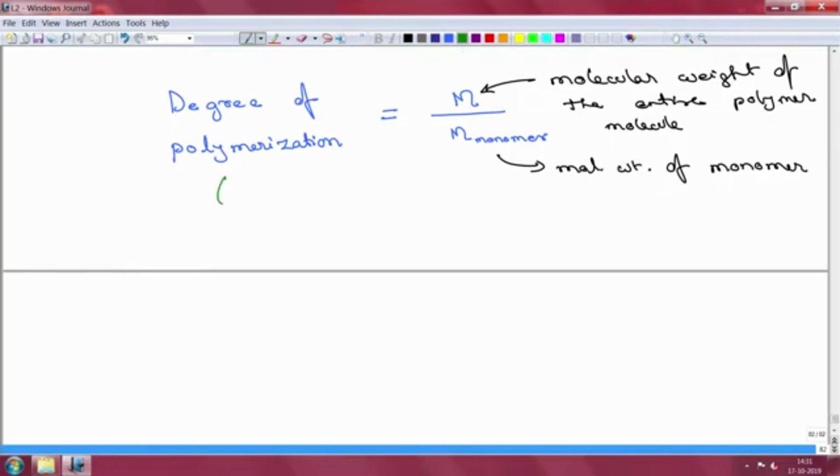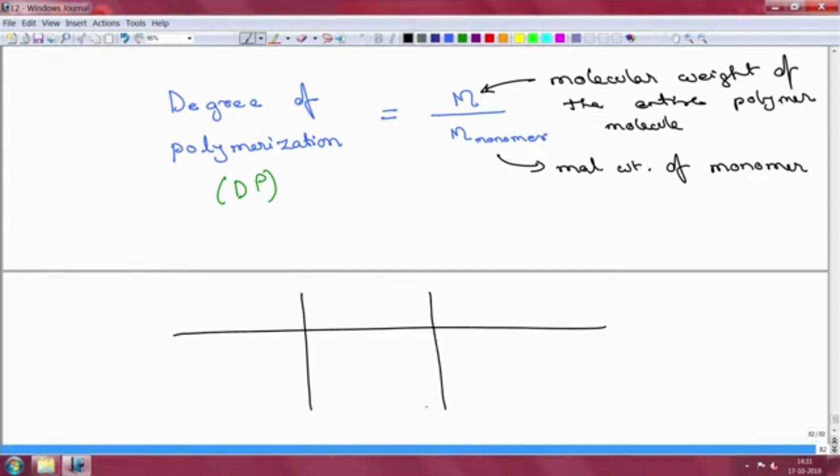So, let us just call this dP, degree of polymerization. I will just quickly draw. So, this is degree of polymerization dP, here is your molecular weight, and then this is character. Now, from literature, and this is some data that I have taken from the book of Brinson and Brinson.